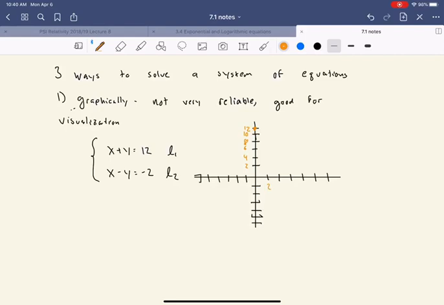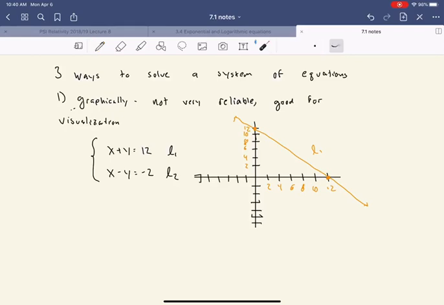So line 1. That's a terrible line. Let's not use that tool. So there's line 1.